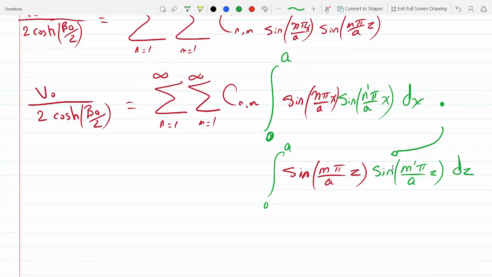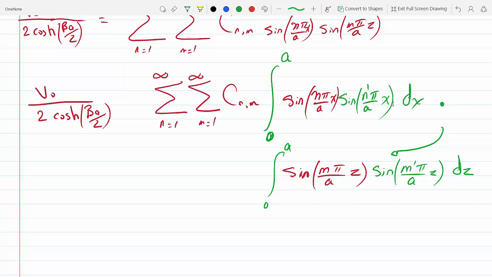Okay, now wait, but I have to do the same exact thing to the left hand side, which I didn't do yet. So technically I'm supposed to multiply the left hand side by, they're both over a, because it's a square.